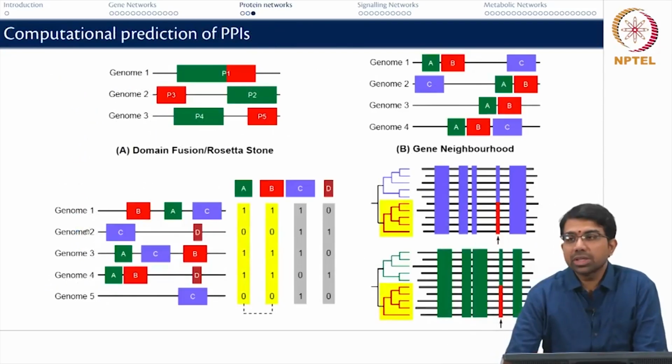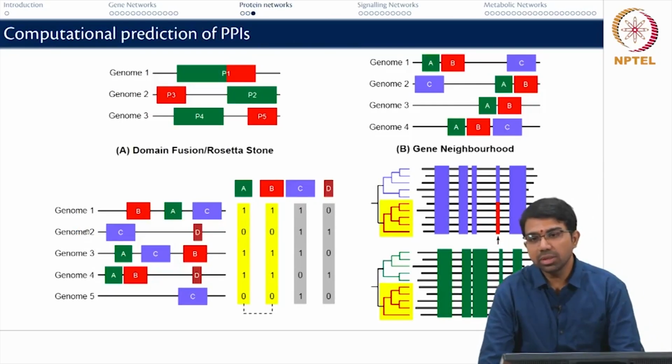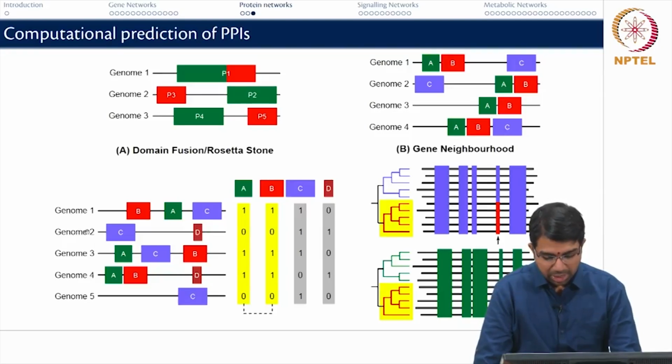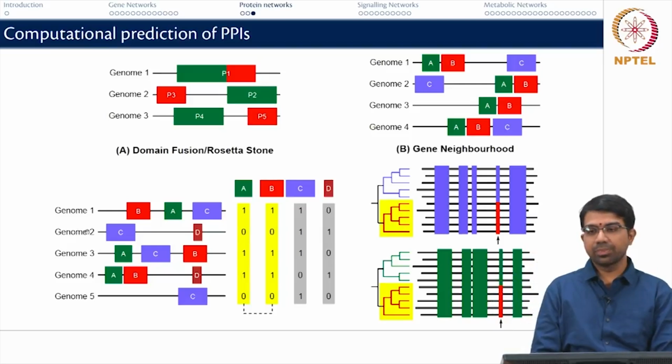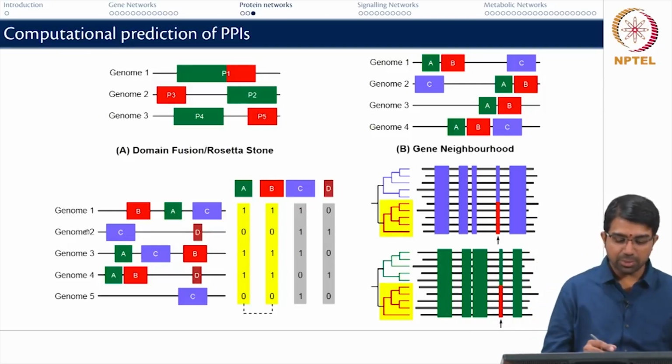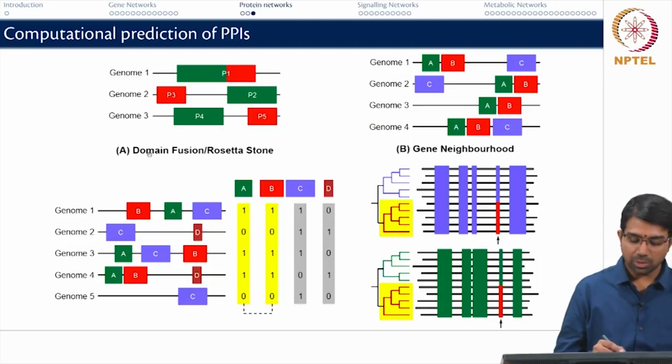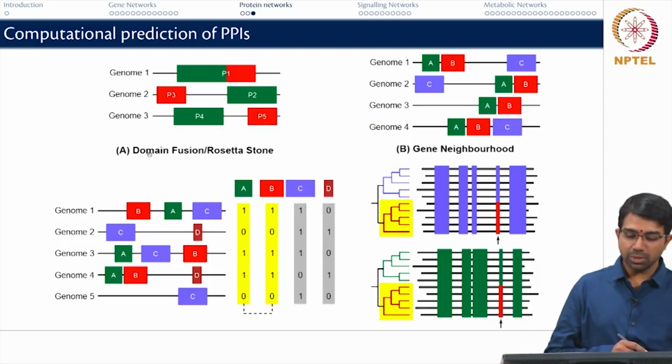So, how do you computationally predict protein-protein interactions? There are many interesting methods to predict protein-protein interactions, and these are all essentially based on genomic context or genome sequence. The first of them is what is called domain fusion or Rosetta Stone.